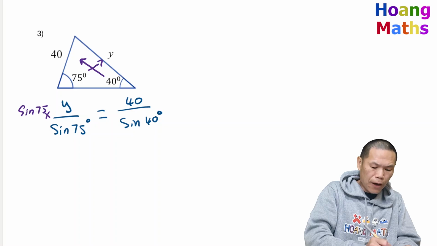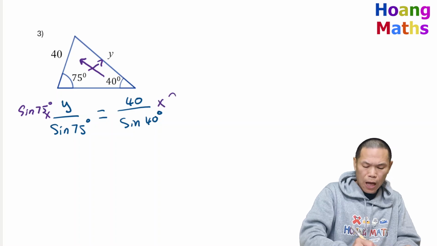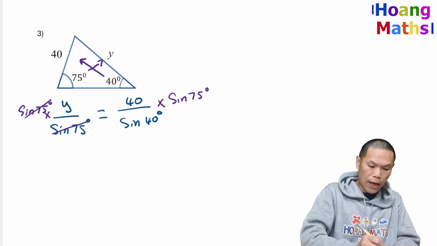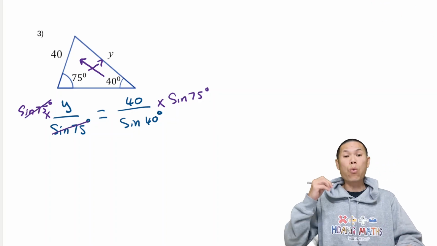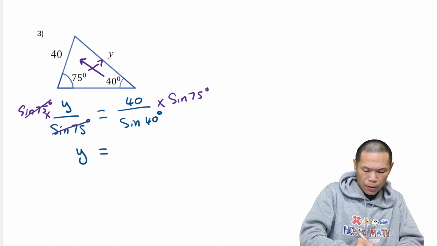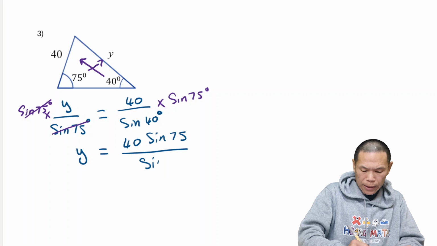Sine 75 and times sine 75 degrees here. So this will cancel out. So this means that y equals 40 sine 75 over sine of 40 degrees.